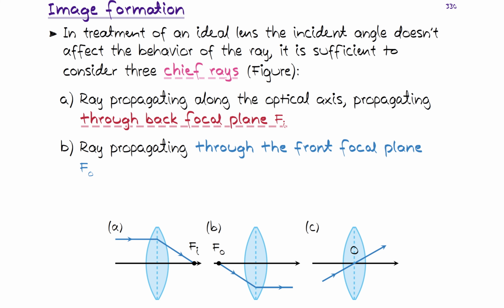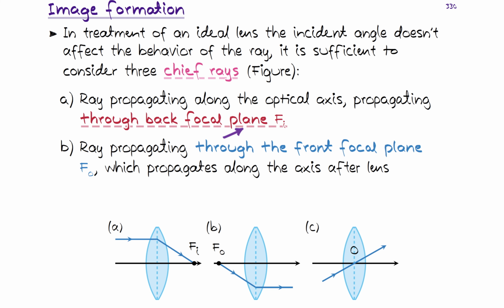Then we look at figure B. There is another ray propagating through the system, and now it's propagating through the front focal plane Fo. And of course, with this definition, it propagates straight along the axis after the lens, so a perfectly collimated ray of light propagating along the same direction as the optical axis afterwards. This is exactly how we found the front focal plane in the first place in the previous lecture.